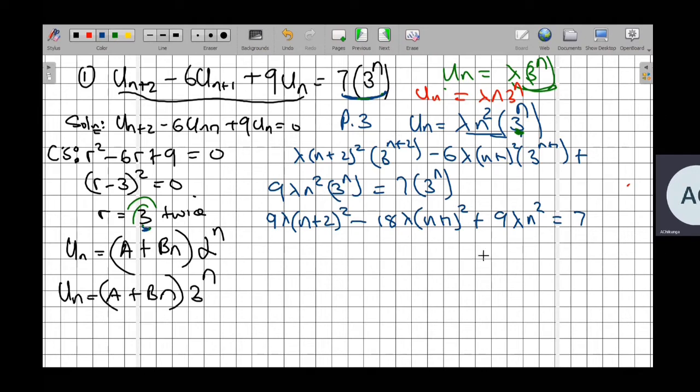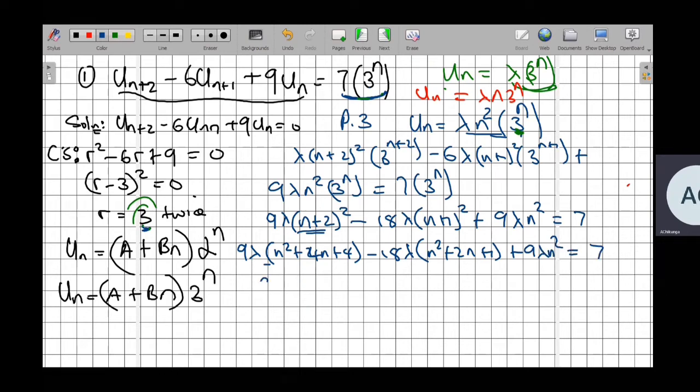This one now is going to work perfectly fine. It just appears to be long, but it's going to work perfectly fine, because we are going to have n squared plus 4n plus 4, minus 18 lambda, n squared plus 2n plus 1, plus 9 lambda n squared is equal to 7.